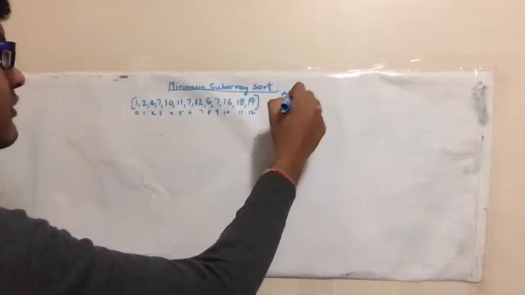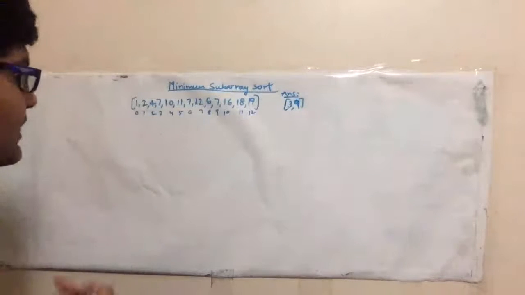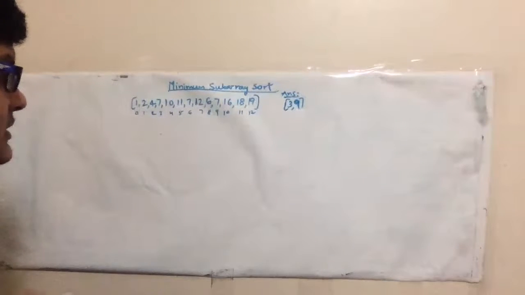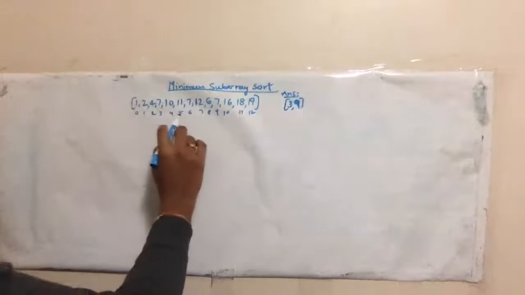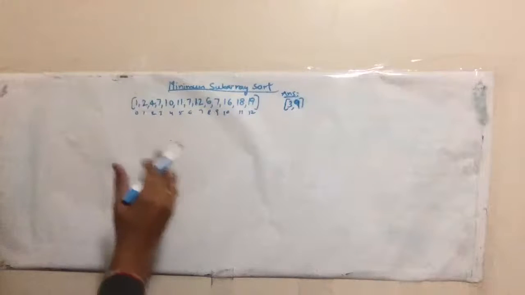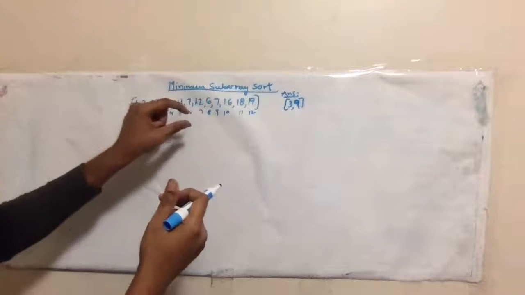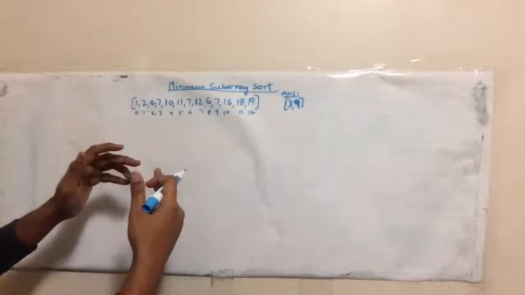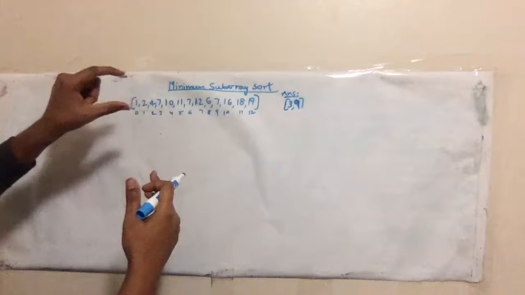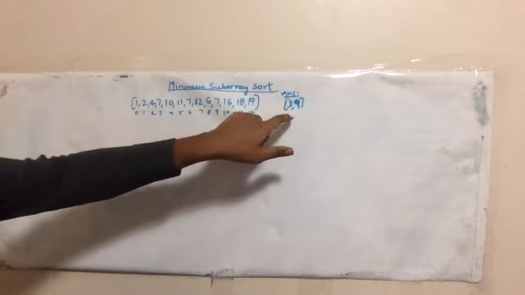Okay, so how to solve this problem? Basically the logic that I think of is, this is a partially sorted list. So if you can find the unsorted numbers, find the minimum and the maximum of those unsorted numbers, and find the indices where those numbers have to be present, that is the final answer.